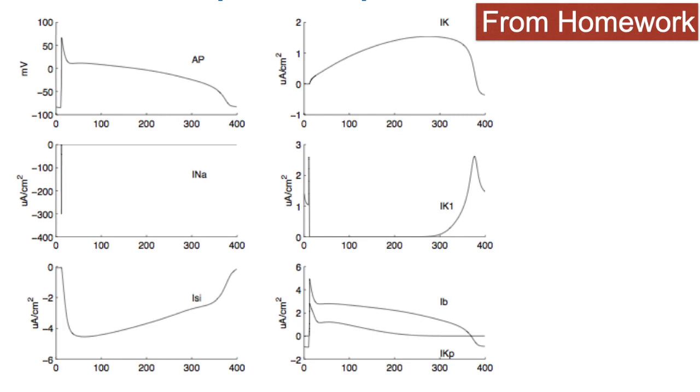Below that, you see the current, for example, from sodium. You see it's very short, it's very rapid, it's very big, goes up to 300. And you see the units there are normalized by surface area again, so microamps per square centimeter. You also see the other currents that, for example, the slow inward current, I mentioned that was the calcium current that we have.